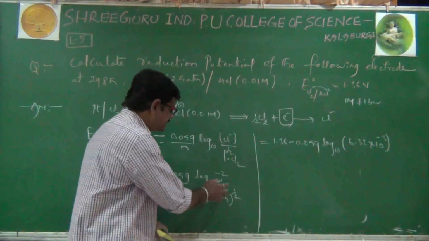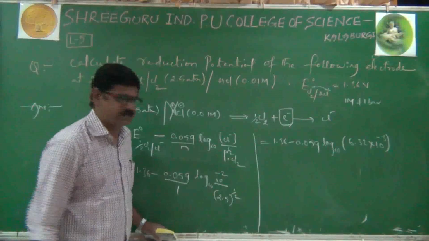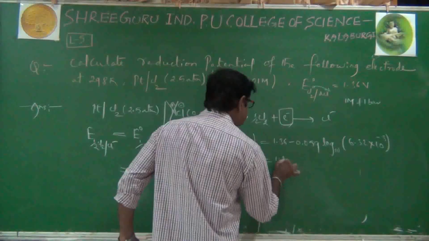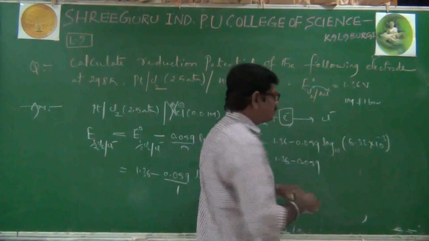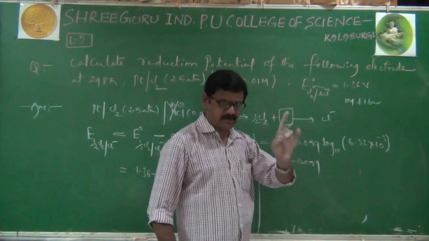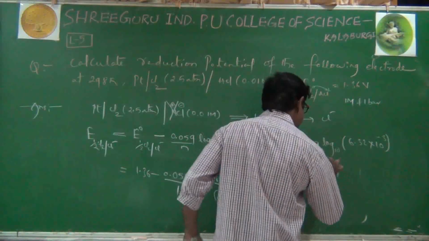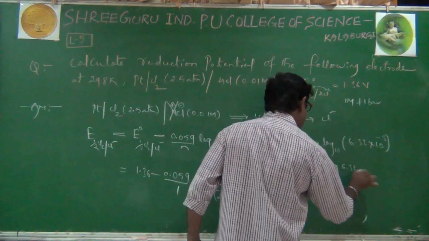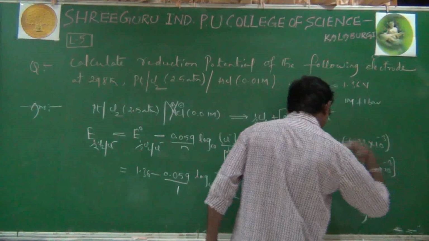Of course, it is a mathematical calculation that you have to solve. And 1.36 minus 0.059, see here again log of m into n is log m plus log n. Therefore log 6.32 plus log 10 to the power of minus 3.